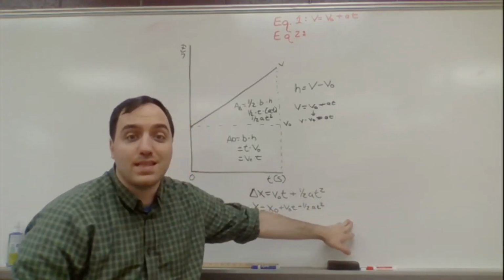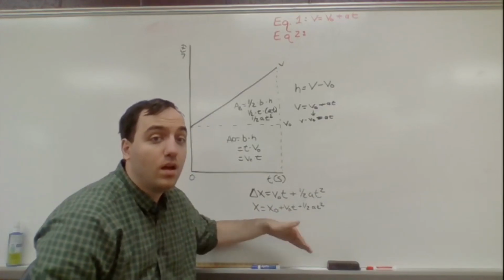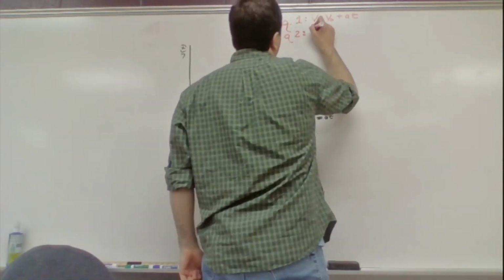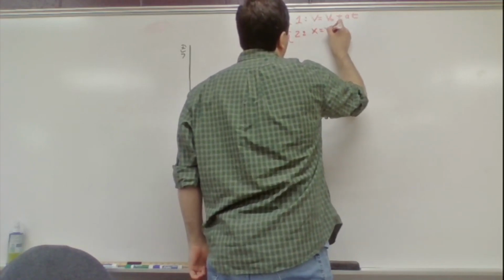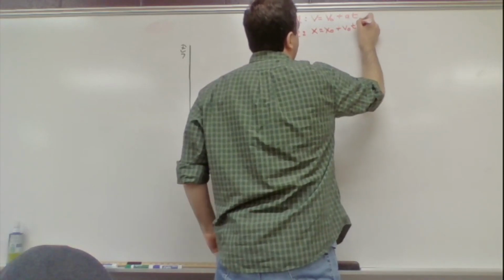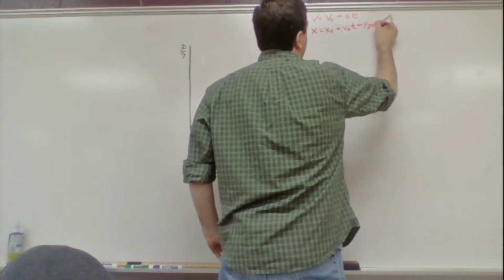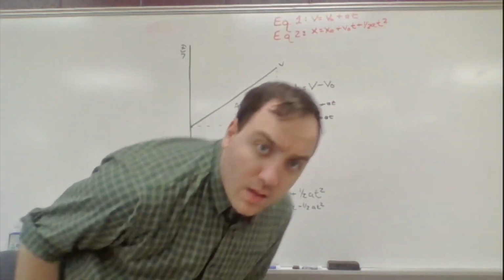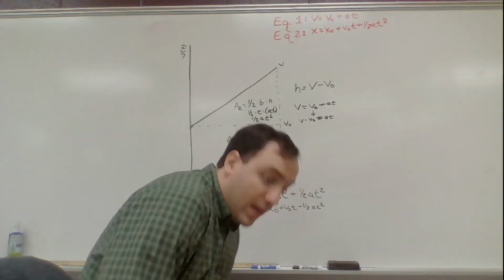They're going to write this as this. And there we go. There's your second kinematics equation. Second one on the sheet, second one down.